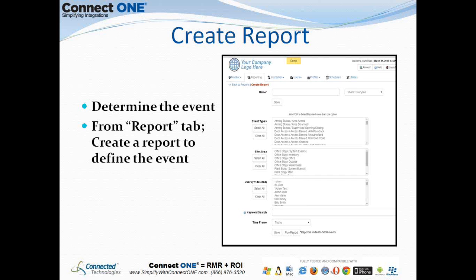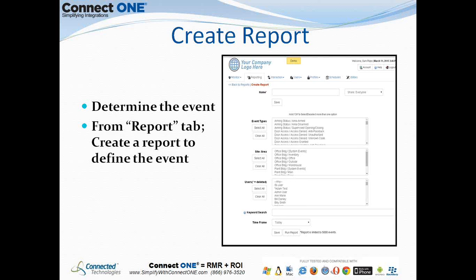And again, it could be any event that you want to have: alarm, access granted, denied, it doesn't matter. Select the event, and then select the location that you want that event to be related to, whichever site, or maybe it's an area within a site. It depends on whatever it is your customer needs to have. Do they want to track an individual user or all users? You have complete control to select all that within the Report tab.